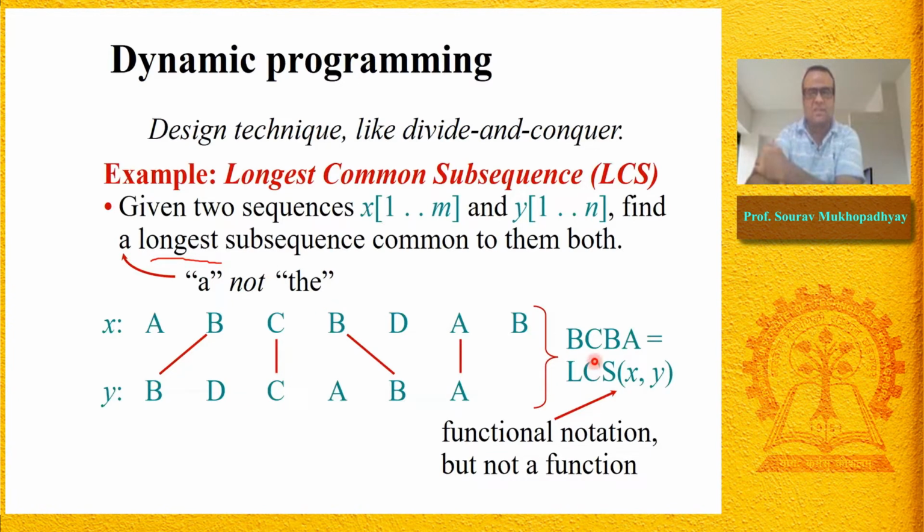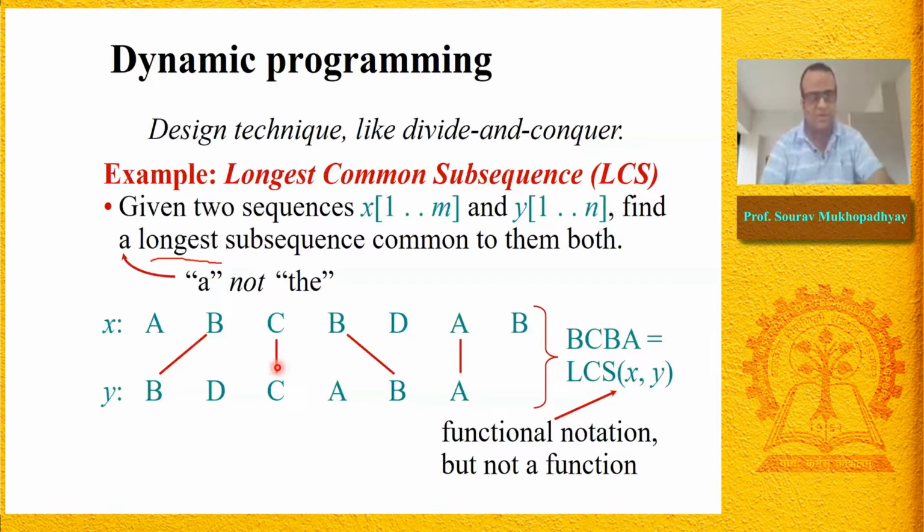But the question is, this is of length 4. So we can quickly check whether we can have a common subsequence of length 5. Then that will be the longest common subsequence. But you can easily verify that for these two given sequences, the longest common subsequence is of length 4. But there are many subsequences we can get of length 4.